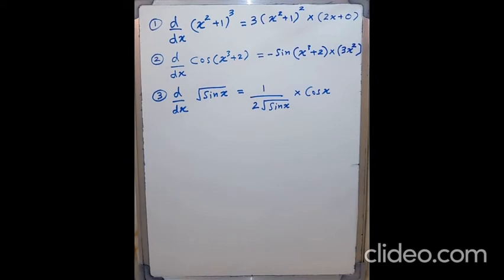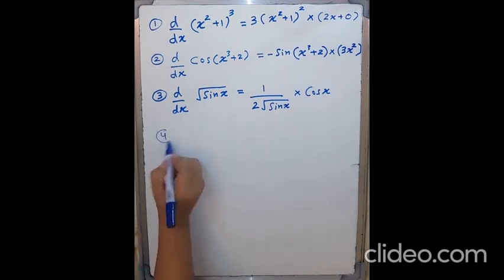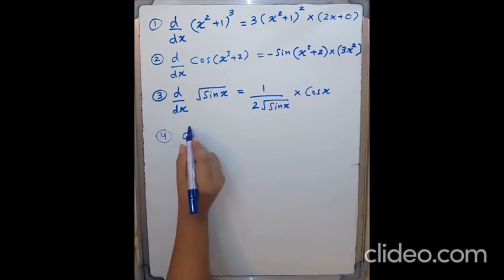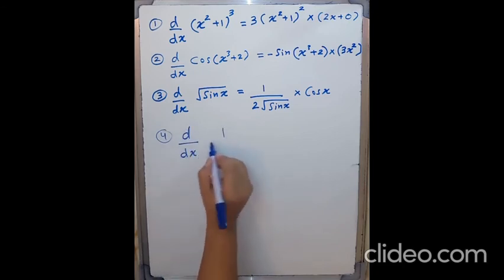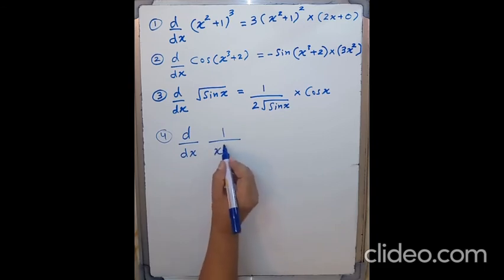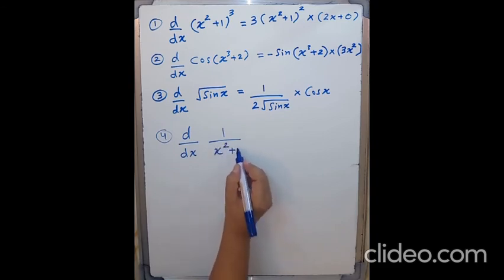Now let us solve one more example. Example number 4. d by dx of 1 by x square plus x.